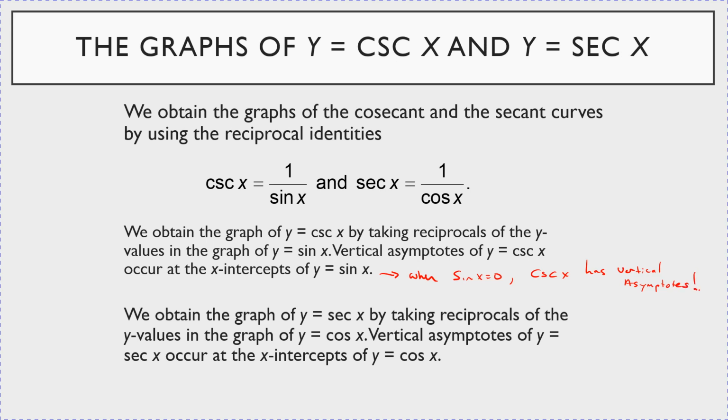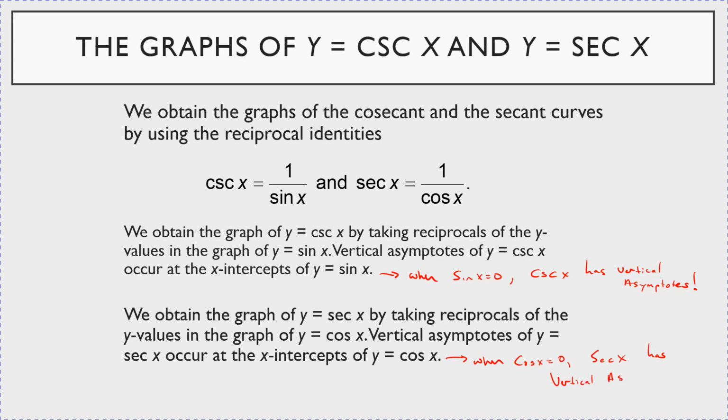And you'll see this when I go to set this up. And then the same thing applies here. We obtain the graph of y is equal to secant of x by taking the reciprocal of the y values of the graph of y is equal to cosine of x. And vertical asymptotes of y is equal to secant of x occur at the x-intercepts of y is equal to cosine of x, because at x-intercepts, y is equal to 0. So when cosine of x is equal to 0, secant of x has vertical asymptotes.